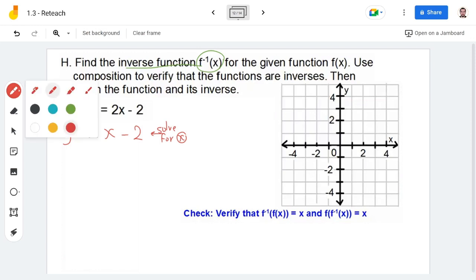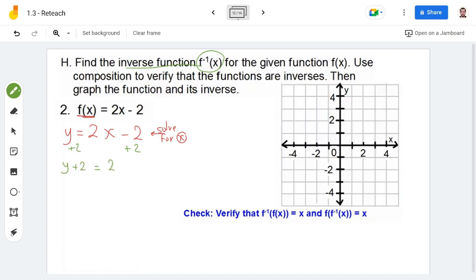First, let's add 2 to both sides, plus 2, plus 2. So it will be y plus 2 equals 2x. Then let's divide both sides by 2. So the 2 cancels with the 2.